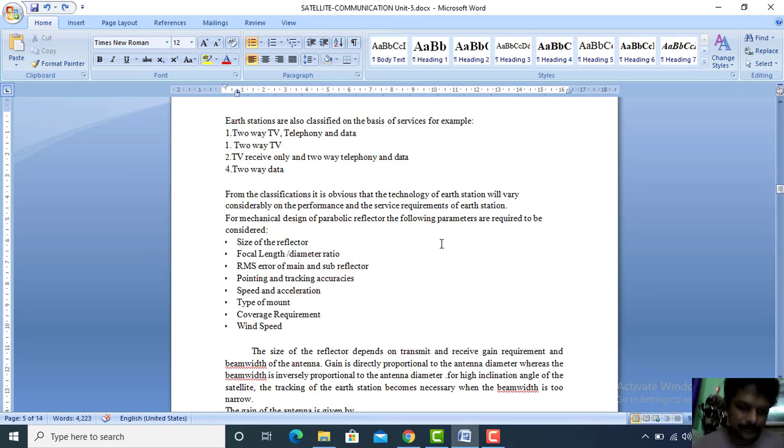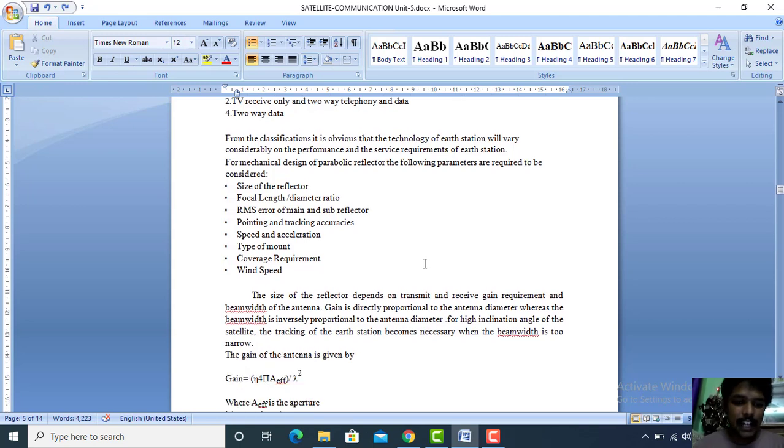And what is the accuracy of tracking the signals possible with the help of this reflector, which we also see as one of the parameters. And what is the mount? Mount is nothing but the types of mounts we have, the mount that we use, and the coverage requirement, that is, the coverage area region.